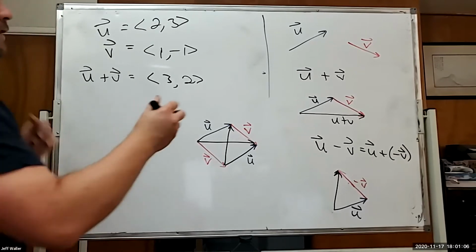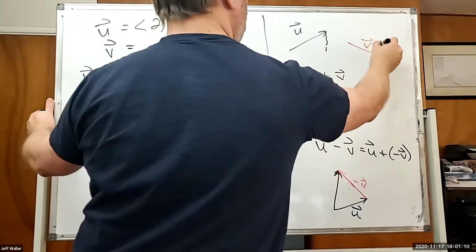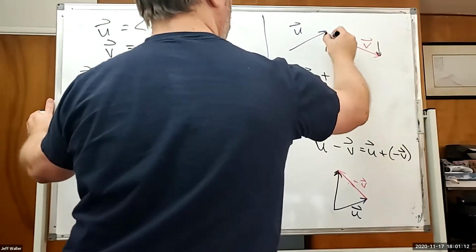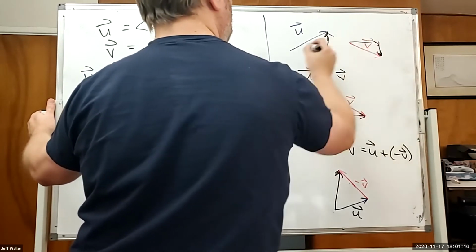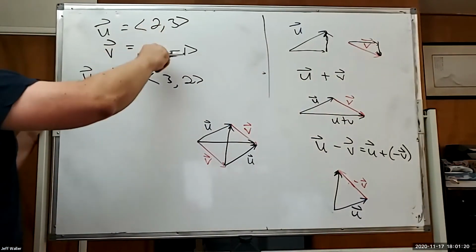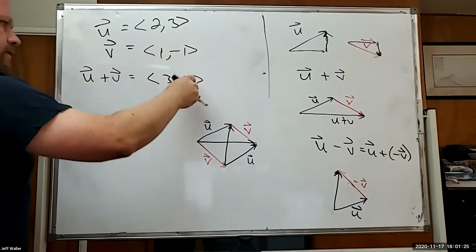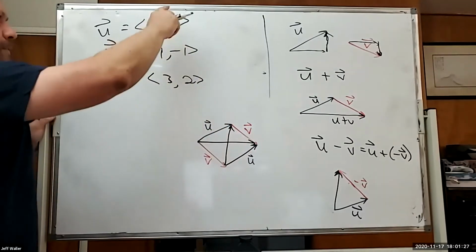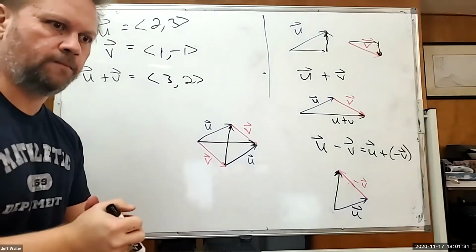It kind of makes sense because this piece of it and this piece are acting in opposite directions, but this piece and this piece are acting together. So the X pieces added to each other made each other longer, and the Y pieces are acting in opposite directions, so they subtract.